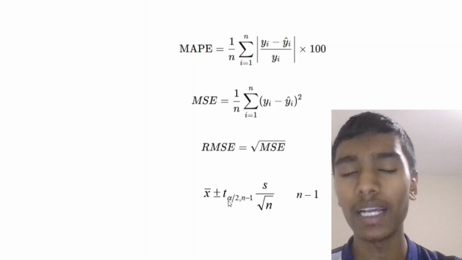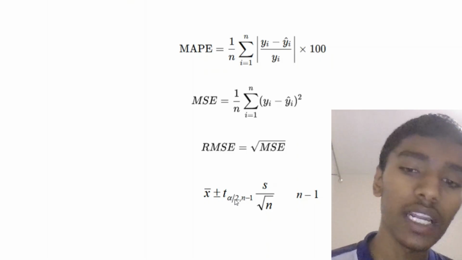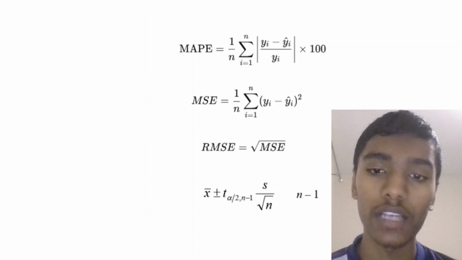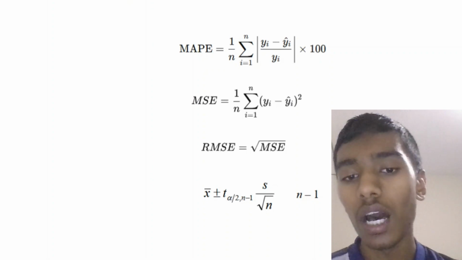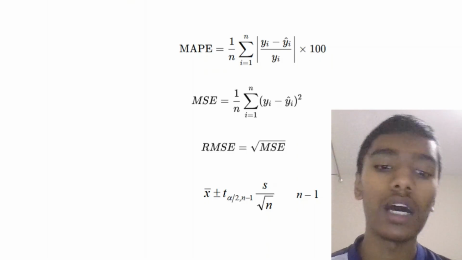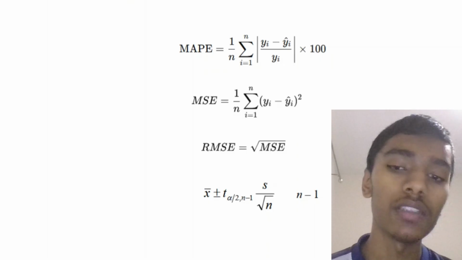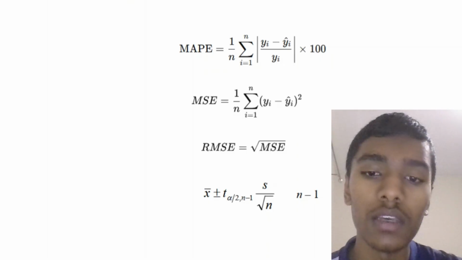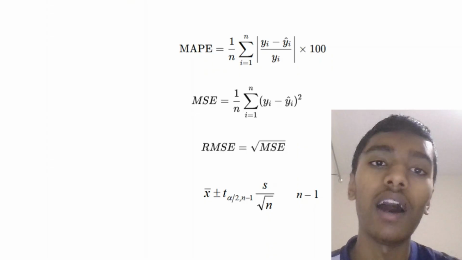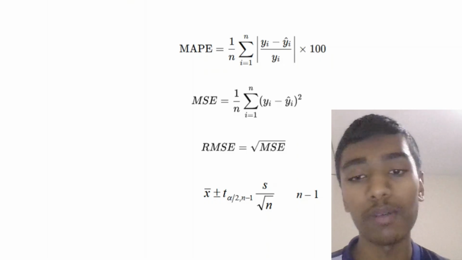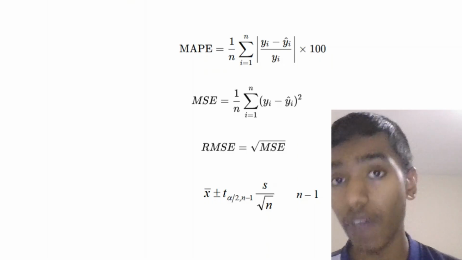So alpha, again, this is more statistics related, and scikit-learn already takes care of this for us. Okay, so we don't really have to worry about this too much. But alpha basically is, if we have 95% confidence, the level of unconfidence, right? So in this case, if we have 95% confidence, alpha would be 5%.